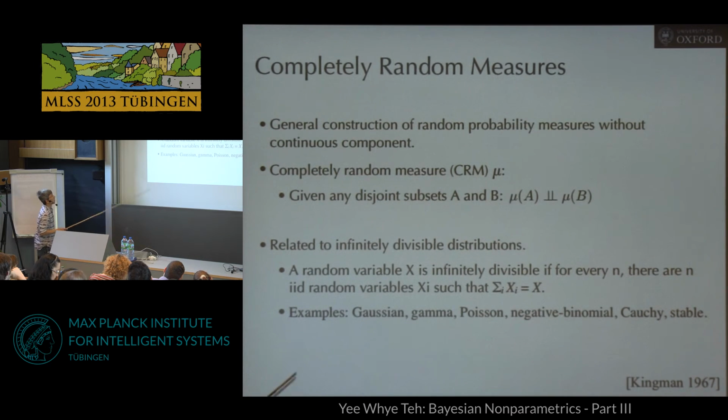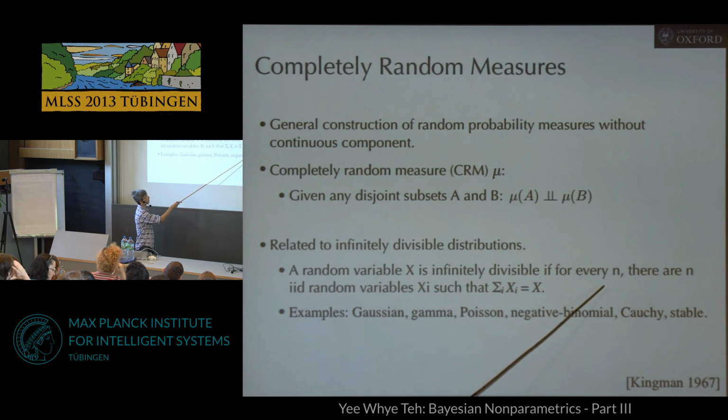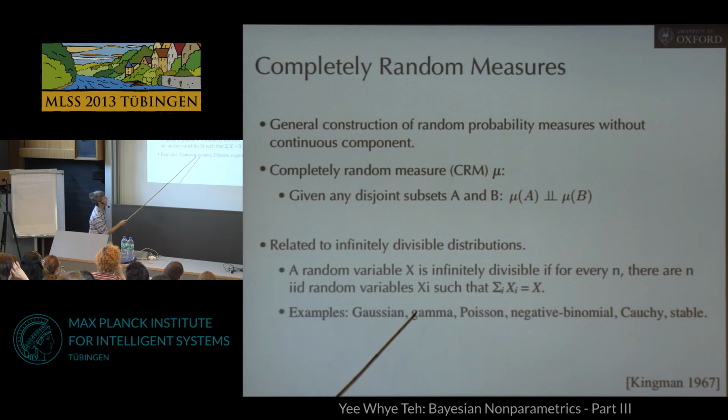It turns out that these completely random measures are related to a class of distributions called infinitely divisible distributions. The definition is the following. If we have a random variable x, then it is infinitely divisible if we can divide it into any number n of IID random variables xi, such that the sum over the xi's equals x.